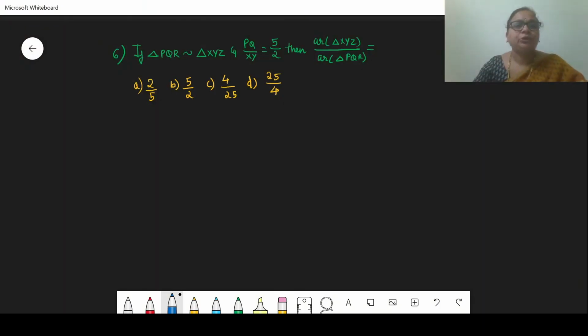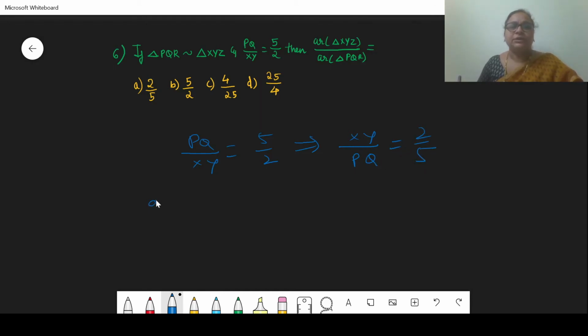If triangle PQR is similar to triangle XYZ and PQ by XY is equal to 5 by 2, then find area of triangle XYZ by area of triangle PQR. So given PQ by XY is equal to 5 by 2, so XY by PQ is equal to 2 by 5.